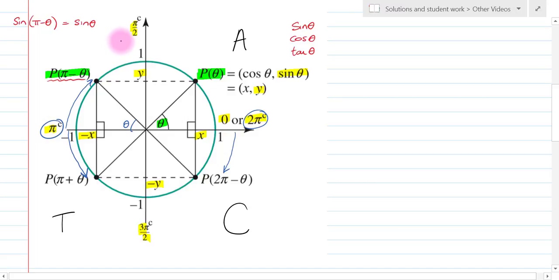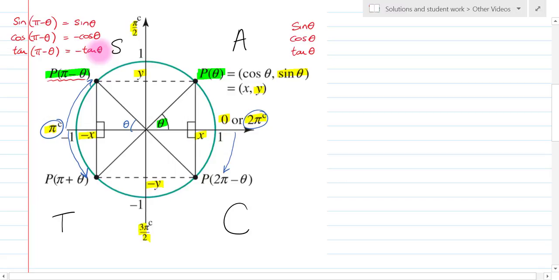So I'll just throw my little S here. But cosine and tan are negative. So cos of pi minus theta is equal to negative cos theta. And tan of pi minus theta is equal to negative tan theta.